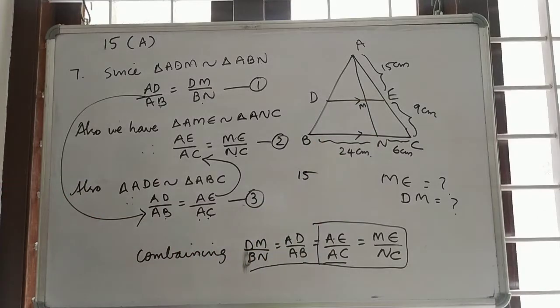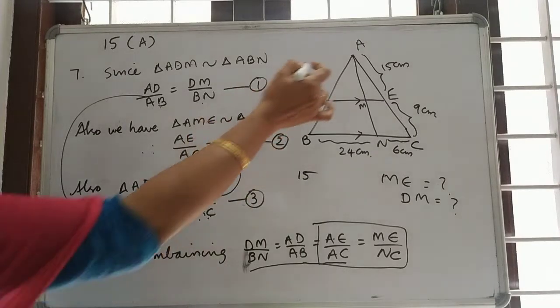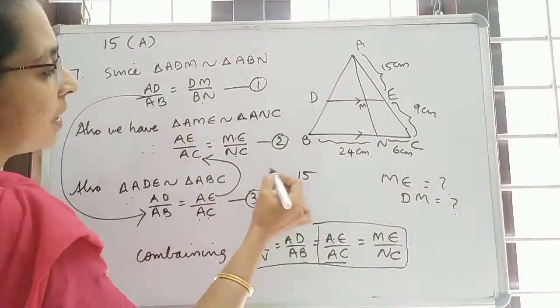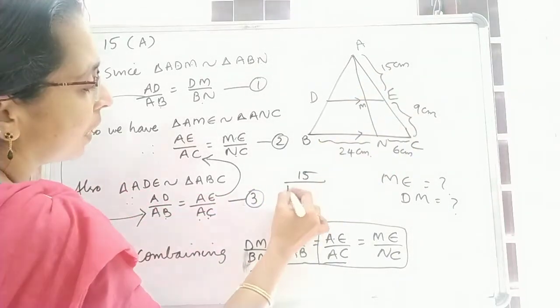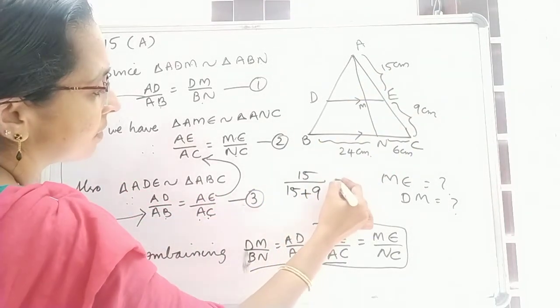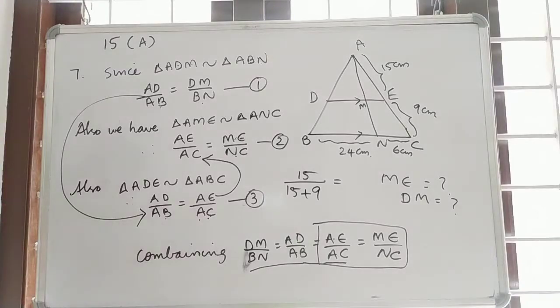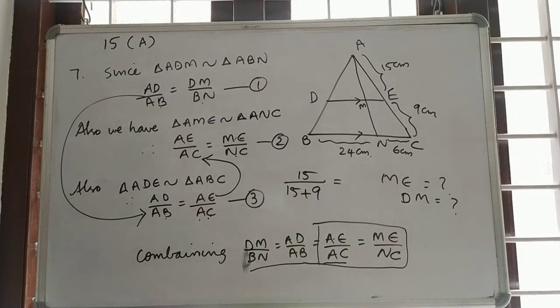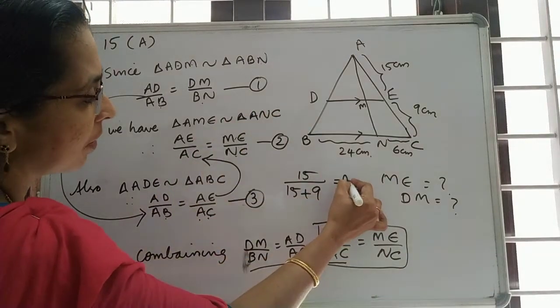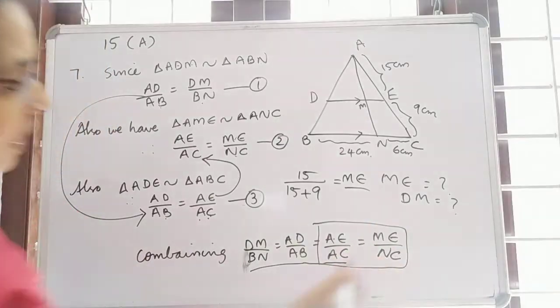Then what about AC? AC is the sum of AE and EC, which will be 15 plus 9. ME we want to find out, and DM we also don't know. So ME divided by NC.